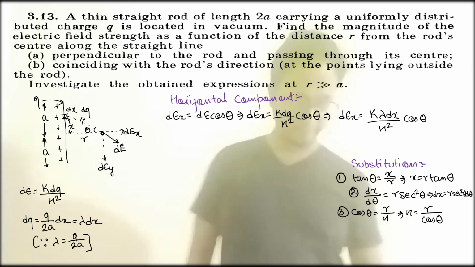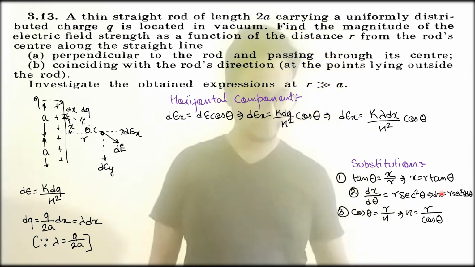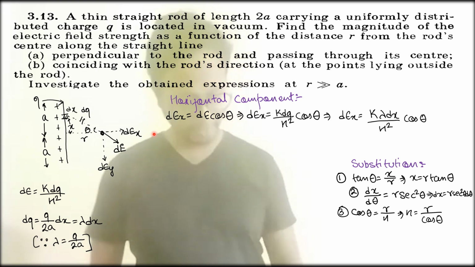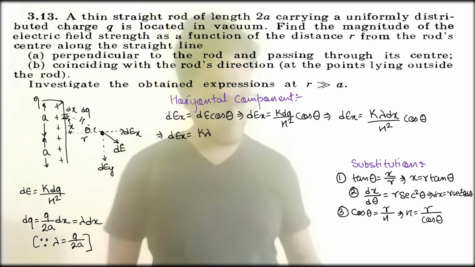Now, if I substitute the value of h out here, and dx out here, what do I get? The x component of electric field, dEx, should be equal to k lambda. What is the value of dx?